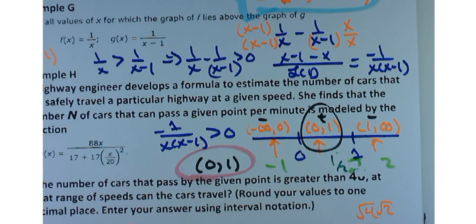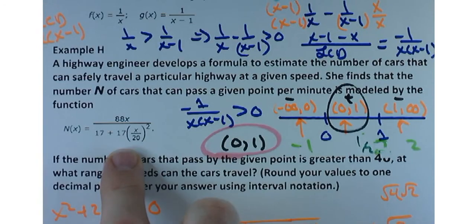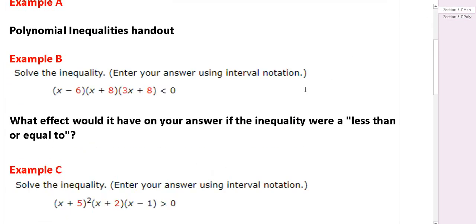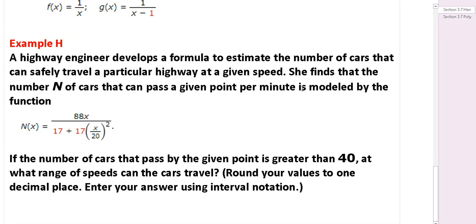There's one last problem here, and then we can be done with this, and it's this one. Let me look at it on my handout here. I think it'll be a little bit easier to see. A highway engineer develops a formula to estimate the number of cars that can safely travel a particular highway at a given speed.